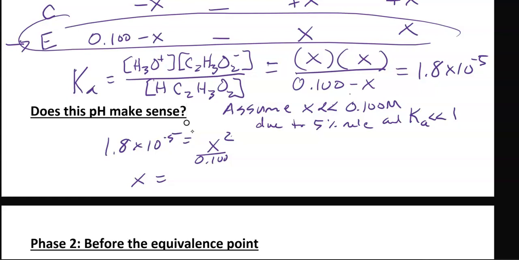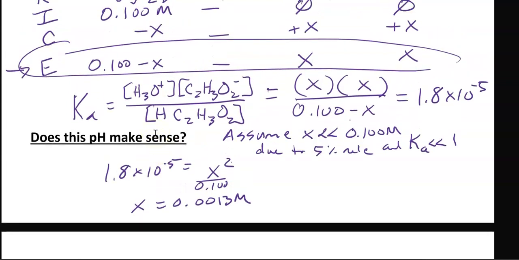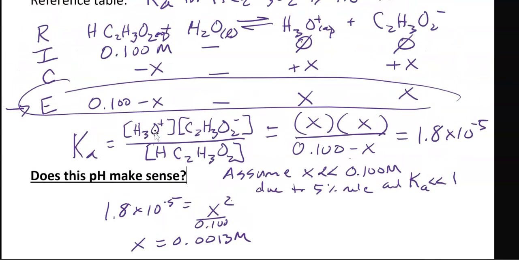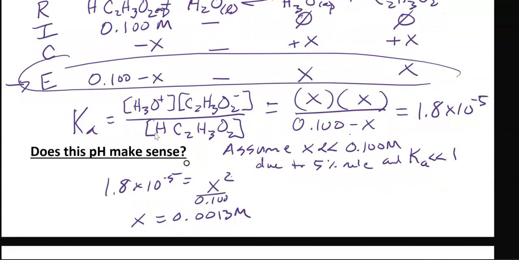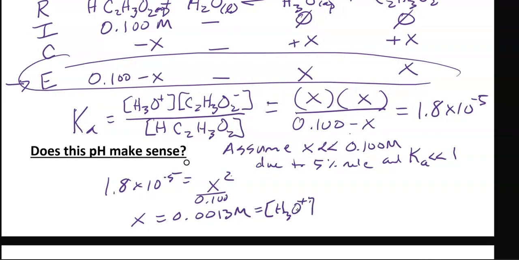So X equals 0.0013 molar. At this point, sometimes students lose track of what they've been doing. So go back to your RICE table to remind you that X is the concentration of hydronium and conjugate base at the equilibrium. That is your concentration of hydronium ion. And maybe not as important, but still true, it is the concentration of your conjugate base.